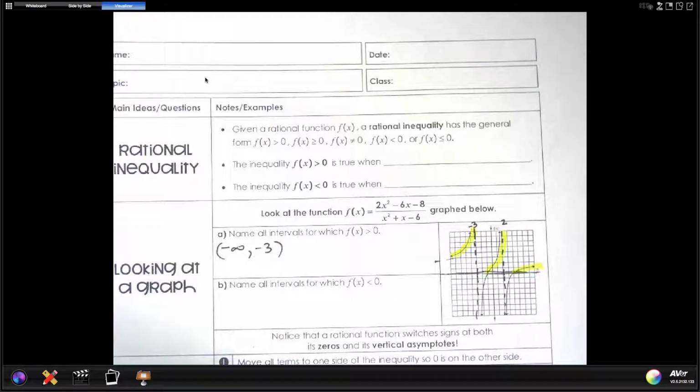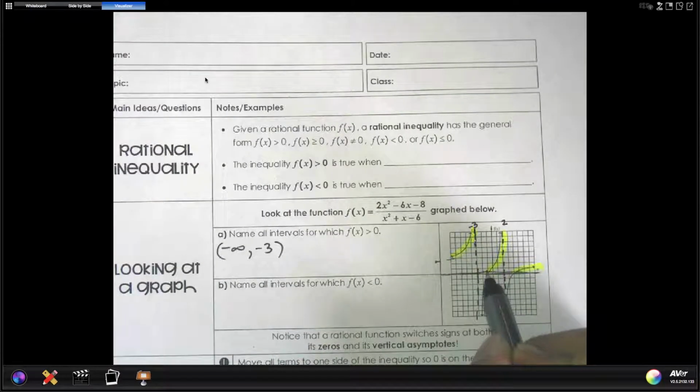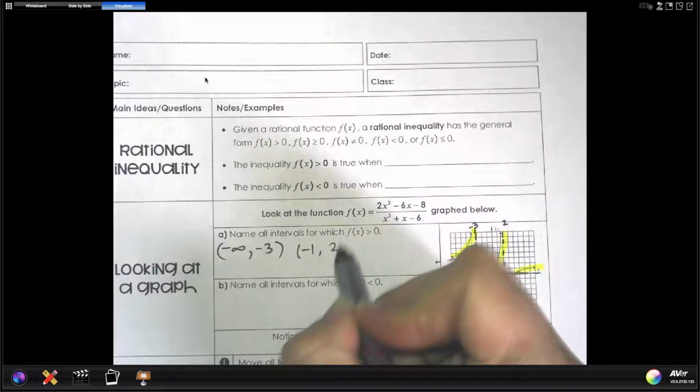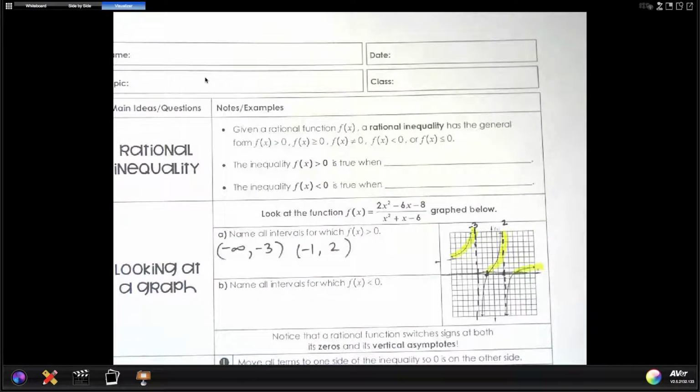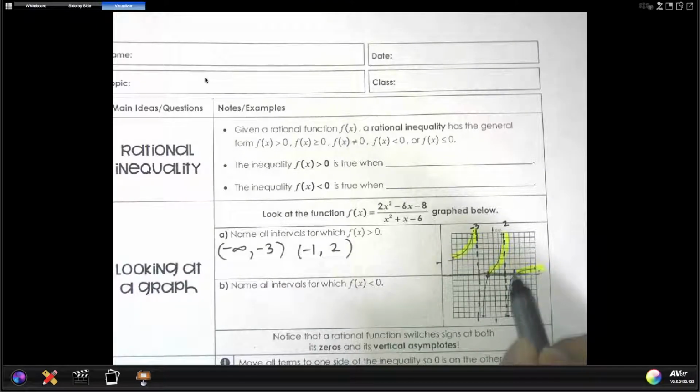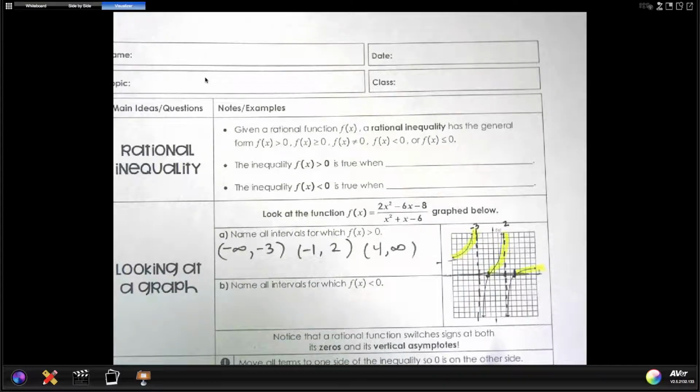It's also going to be positive. Remember, we're looking at the x's starting here, which that is -1. So -1 to +2. And then it's also increasing starting at this point, which is 4 to infinity. So those are the intervals where the graph is greater than 0.